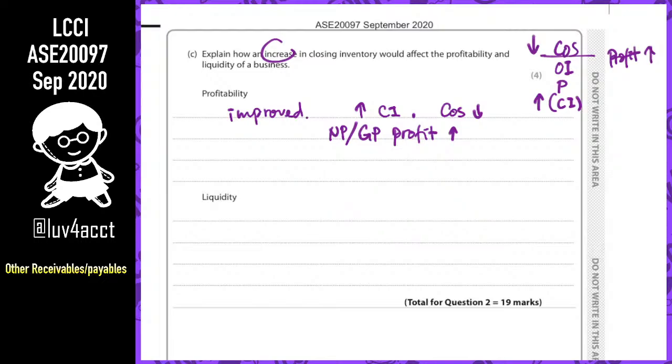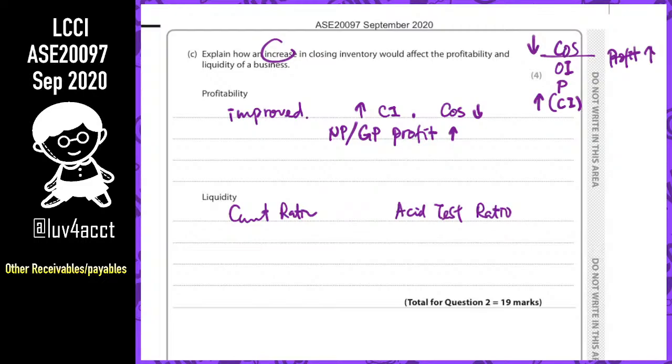For me, you can have different answers for liquidity. Because if you think of liquidity, the most important measures would be your current ratio and also acid test ratio.